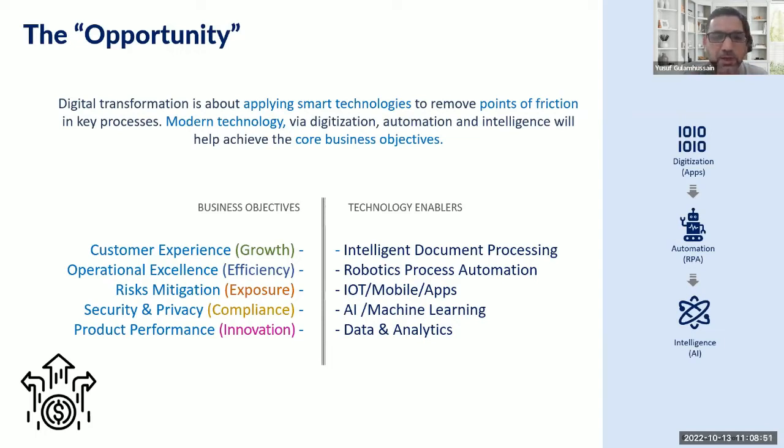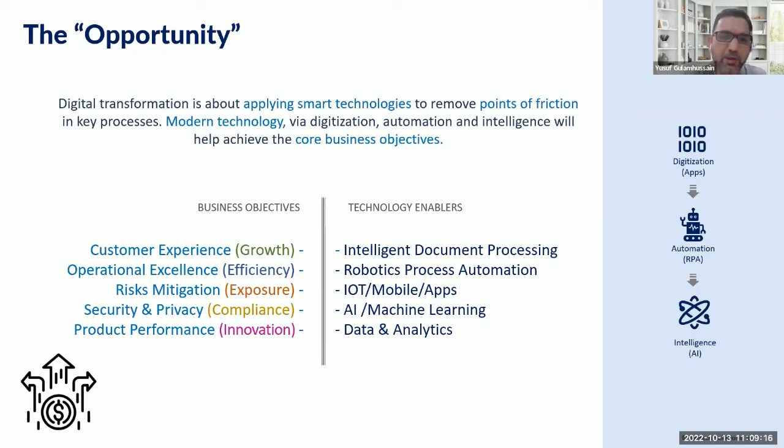Now, what you see on the left are the five key business objectives that pretty much every organization within the manufacturing sector is gunning for. The number one is obviously the customer experience, fueling growth, increase in revenue. You have operational excellence, which is again a very key aspect within manufacturing. It is about, how do I optimize my process?